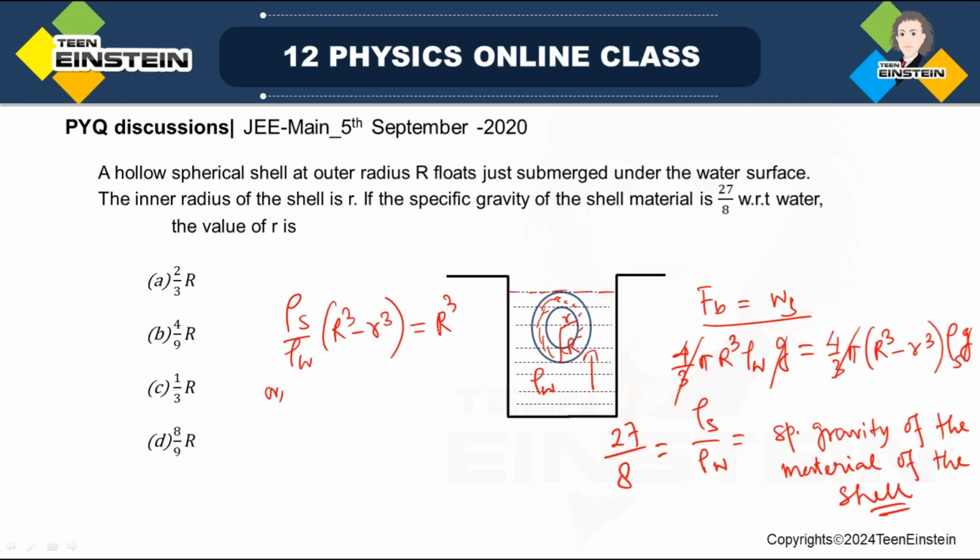So if I take it to this side, or I can write it here itself, R cube is equal to 27 by 8 into (R cube minus r cube). Okay.